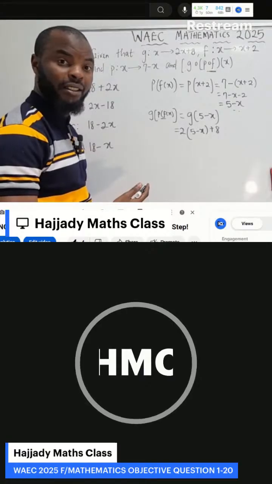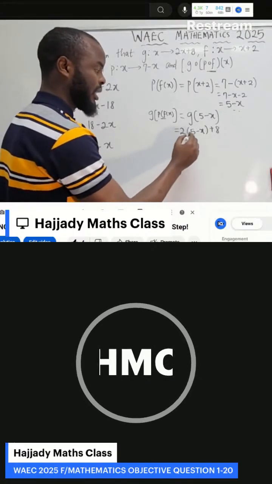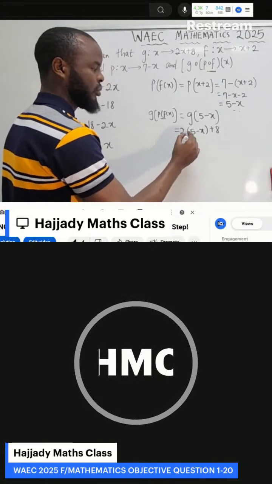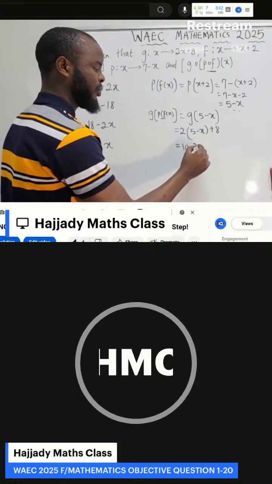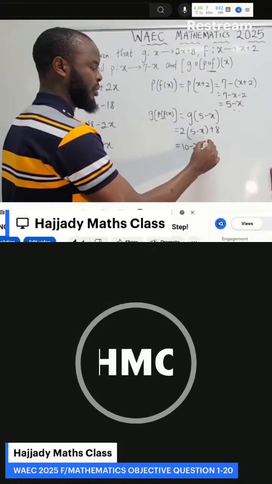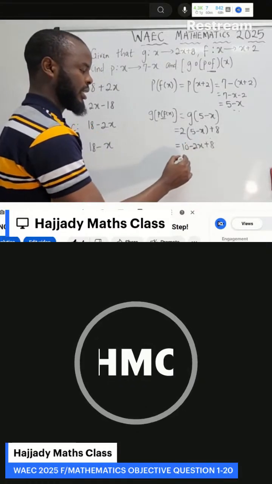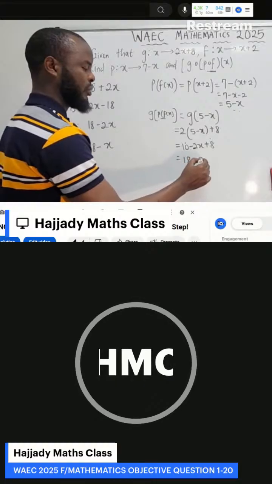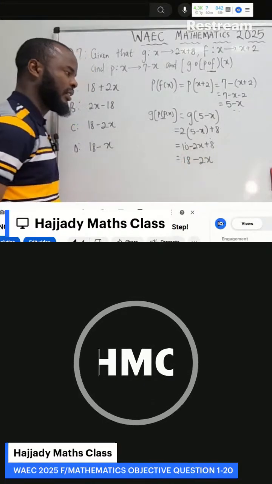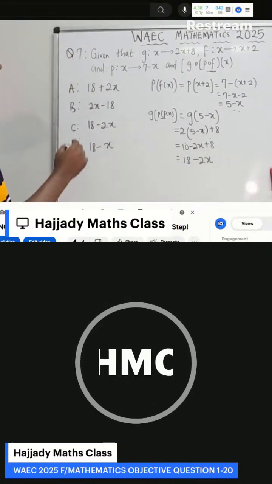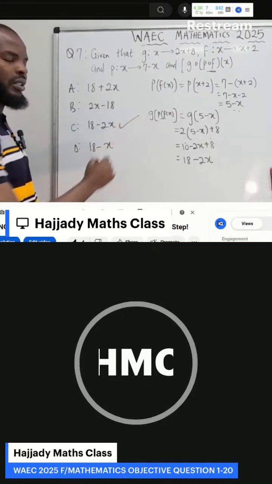Then we simplify this. By simplifying this, we have 2 times 5, which is 10. 2 times negative x, which is negative 2x, and plus 8. So 10 plus 8 is 18 minus 2x. Now, looking at this, you can see that the answer is option C.